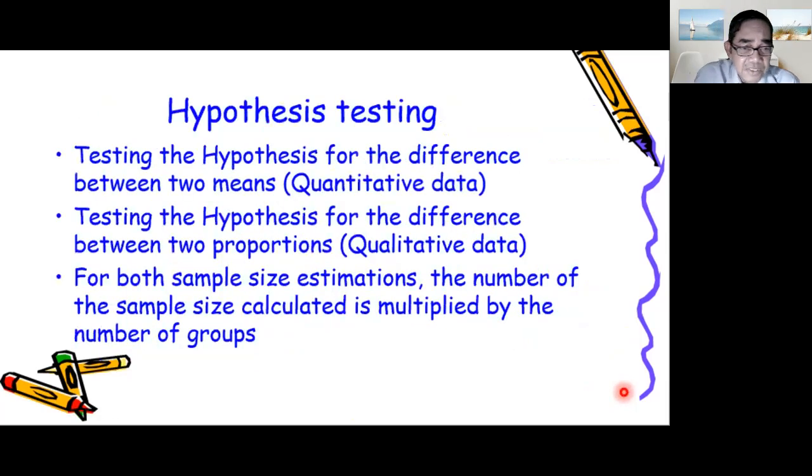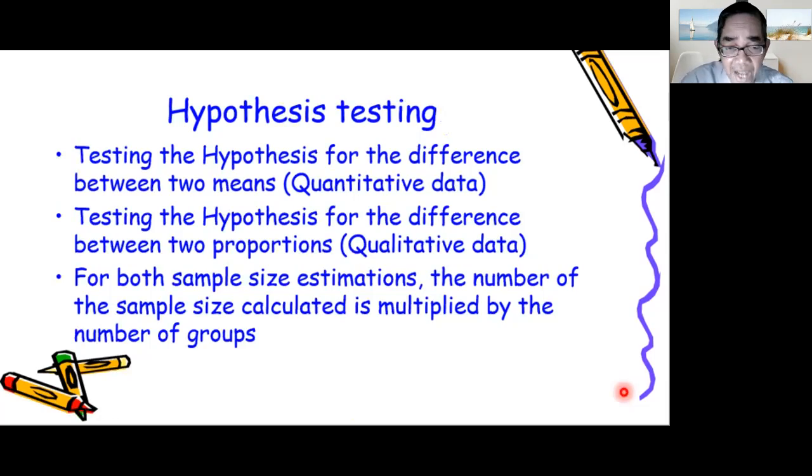And for hypothesis testing, we have testing the hypothesis for the difference between two means for quantitative data, and testing the hypothesis for the difference between two proportions for qualitative data. Now, for both sample size estimations, the number of the sample size calculated is multiplied by the number of groups.